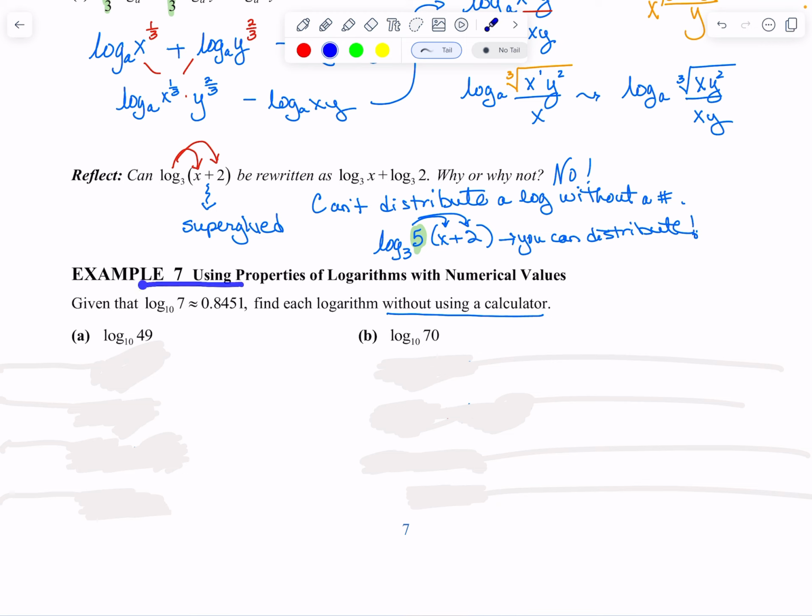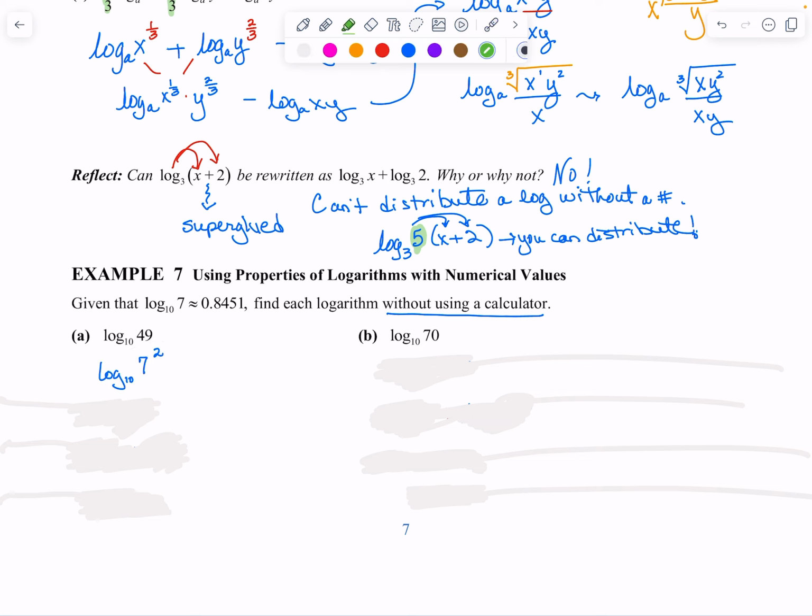Okay, so he would look up log base 10 of 7 and get this approximation, okay? Well, that's not what he needed. He needed log base 10 of 49. But he didn't have that in his book, but he had this guy. He had log base 10 of 7. So he remembered, 7 squared is 49. So he just rewrote it, log base 10 of 7 squared.